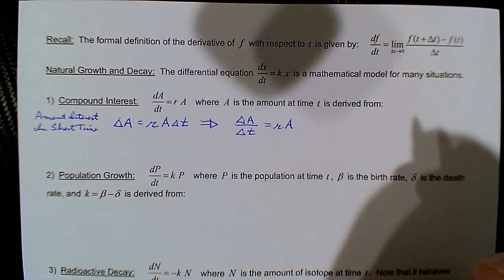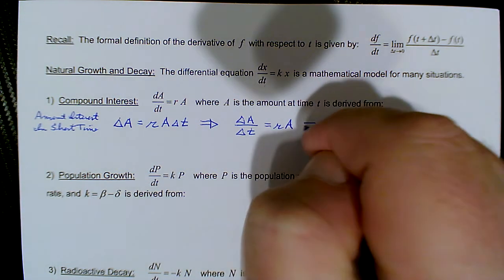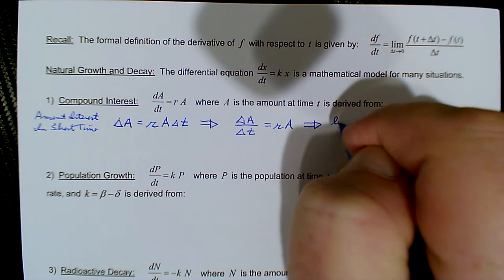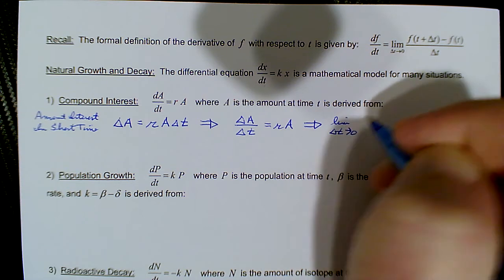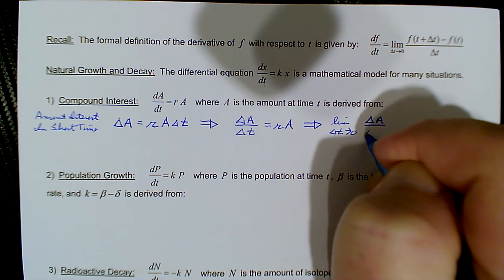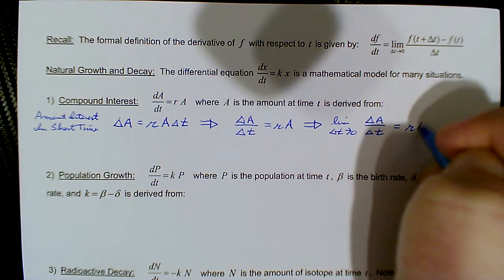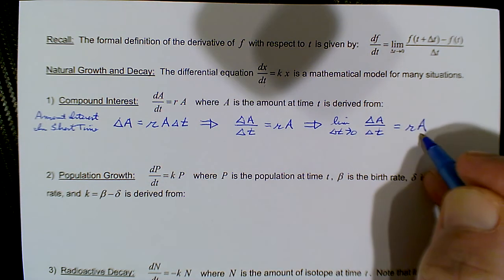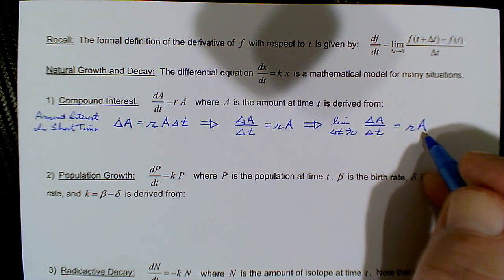And now we consider the limit as delta t approaches 0. You could think of both sides of the equation, but on the right, introducing the limit wouldn't matter because there's no t variable.